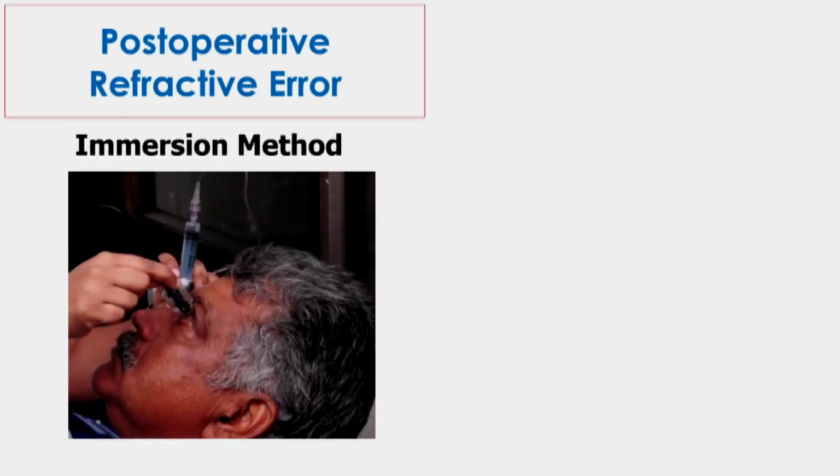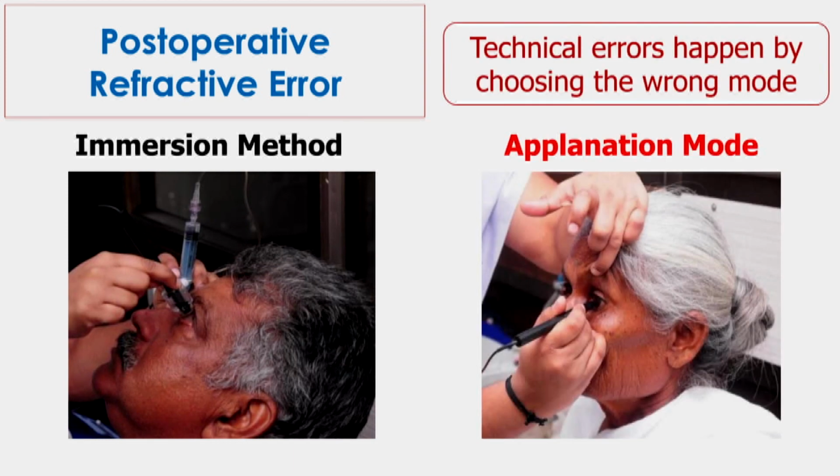And again, we thought the immersion method is the best. So we shifted to the immersion method about 8-9 years back. We invested for all of that. But during that transition period, we had a patient with a large post-operative refractive error. What happened was the technician was using the immersion method but used the applanation mode for calculation.